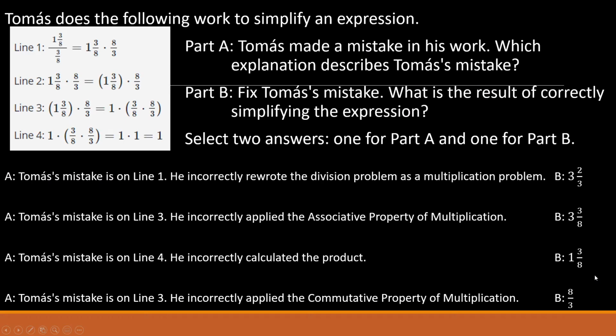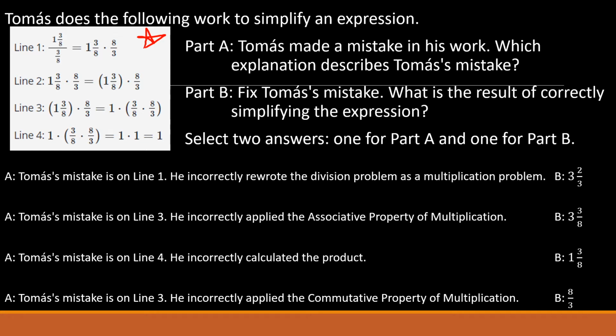Our next question. This one is a lot to take in, so let's break it down into some smaller steps. Tomas is doing the following work to simplify an expression. The work over here on the left, this is what we're looking at. That is what Tomas did to solve his expression.